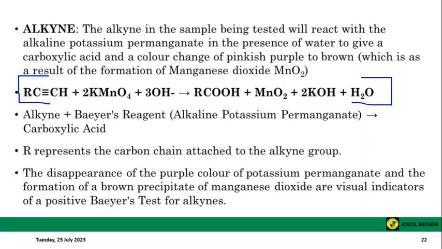Remember that the disappearance of the purple color of the potassium permanganate whilst forming a brown precipitate in its replacement are all supposed to tell you that indeed there is presence of an alkyne.